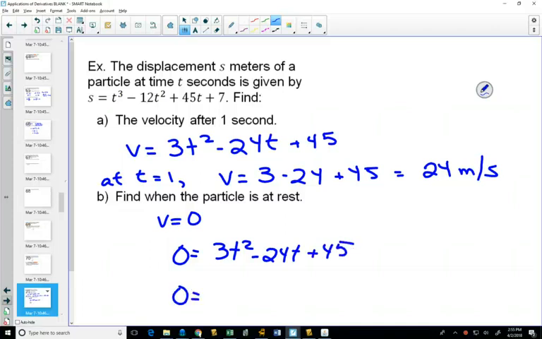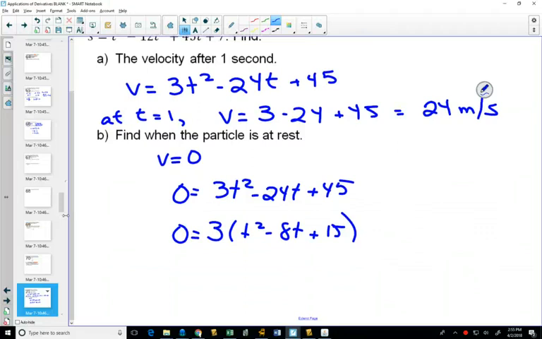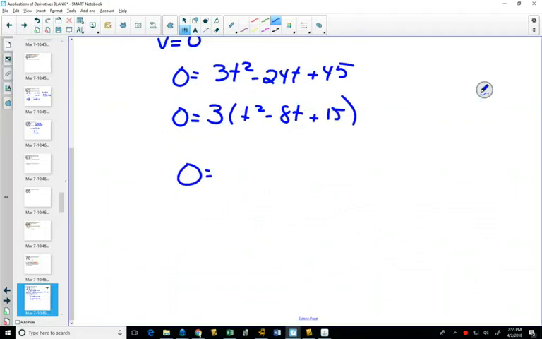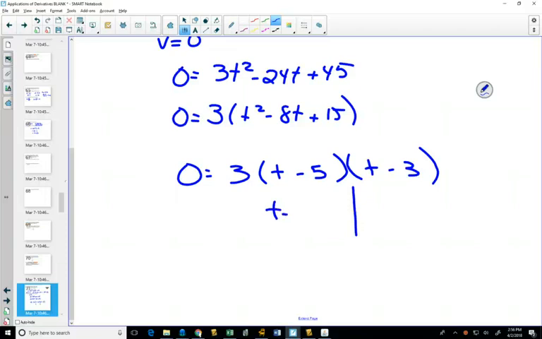Now, always remember common factor, especially when factoring, because this is a lot easier if I factor out the 3. So at t equals 5 seconds and t equals 3 seconds, our particle will be at rest.